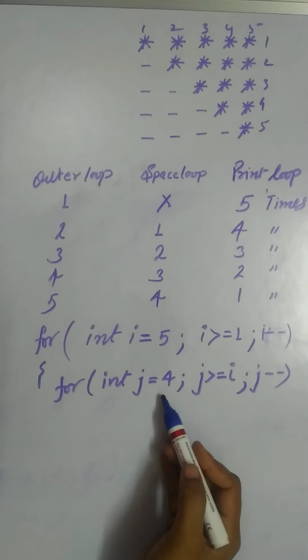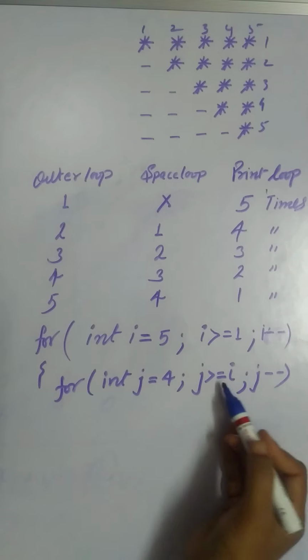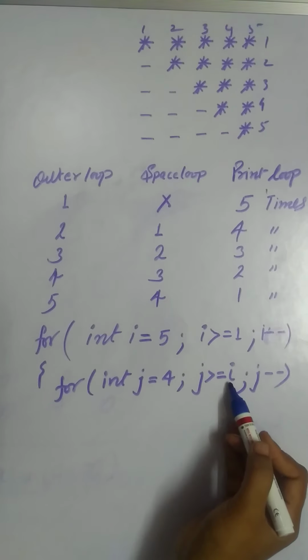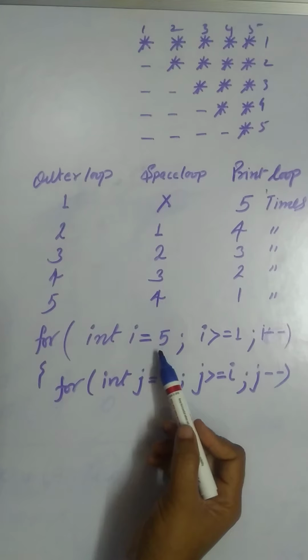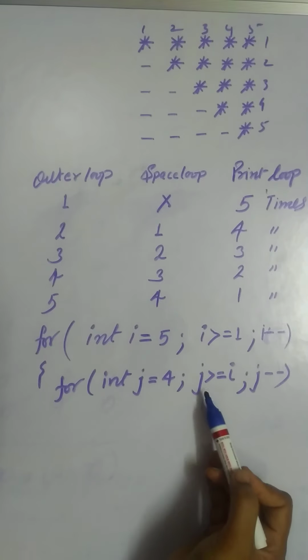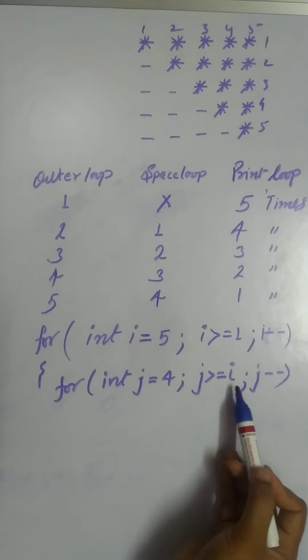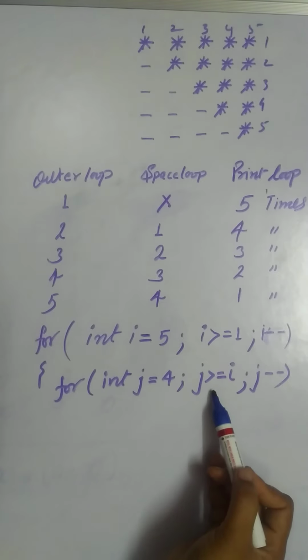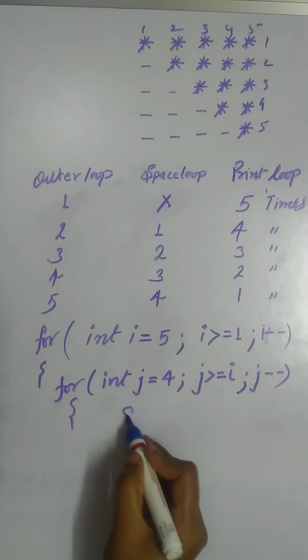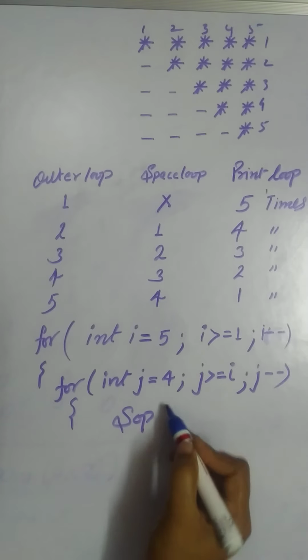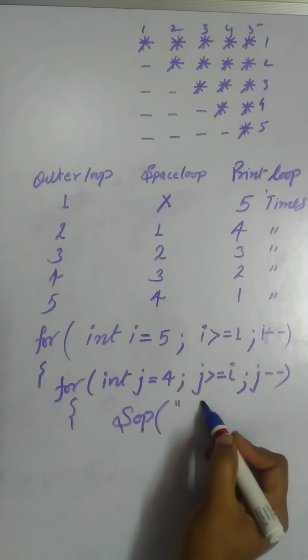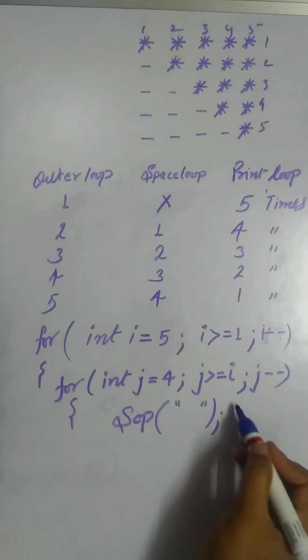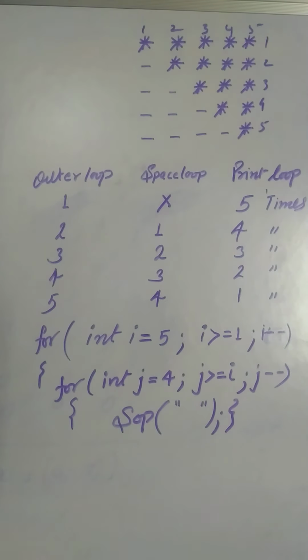So we start the loop from 4, the initial value is 4, and j is greater than or equal to i. The value of i is 5 the first time and your j value is 4. So 4 is not greater than or equal to 5, which means this condition is false the first time. So it will not print the space. SOP space. After this, close the loop.